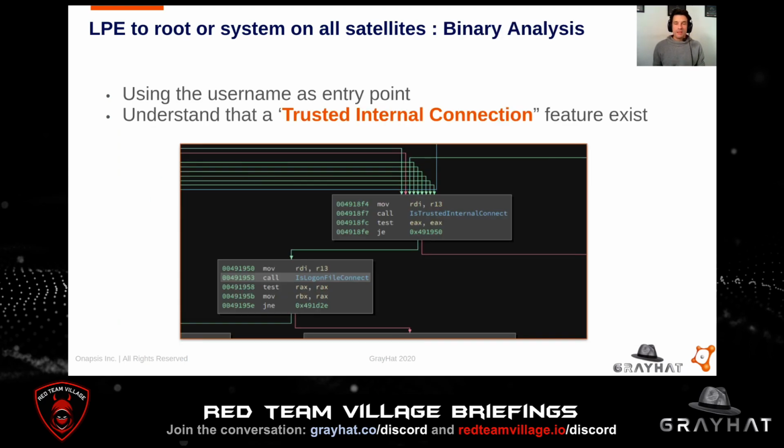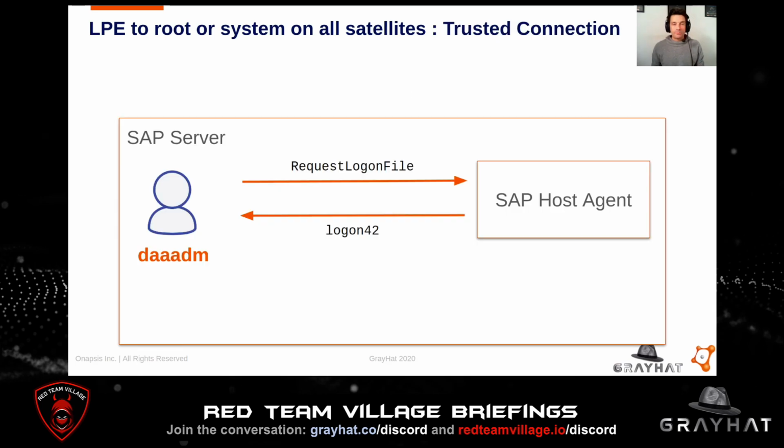So we began to analyze the binary, and we figured out there is one feature called trusted internal connection. And what this kind of feature allows is, even if you don't have the password, you can request a temporary password. So you call for request logon file. This is a web service exposed by the Subpost agent.